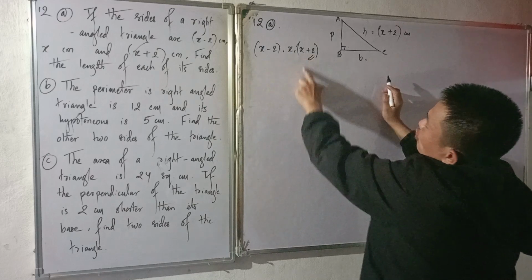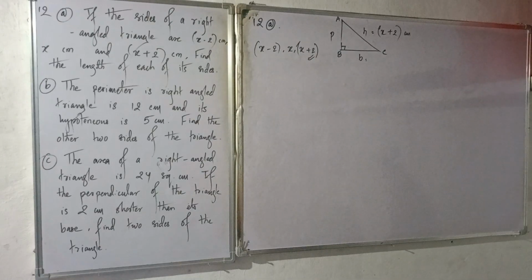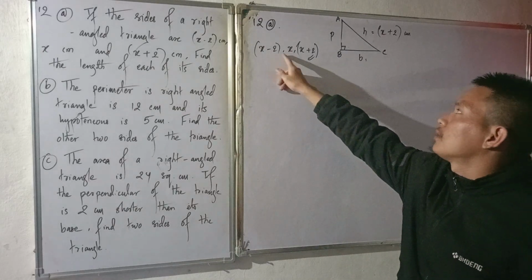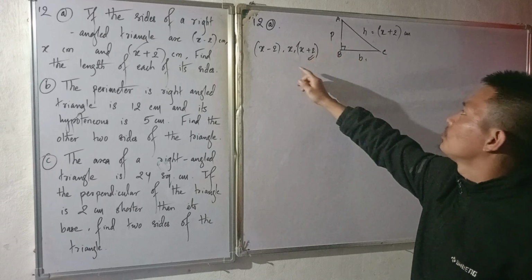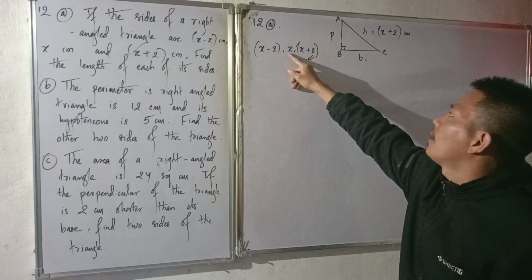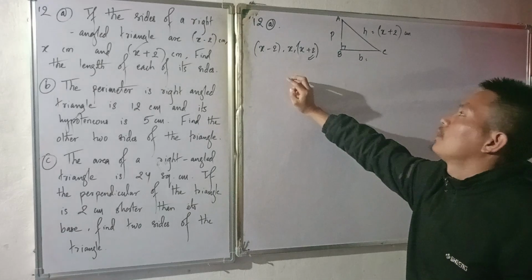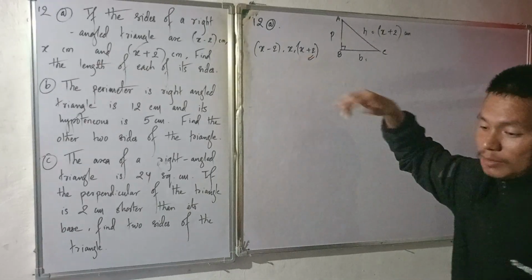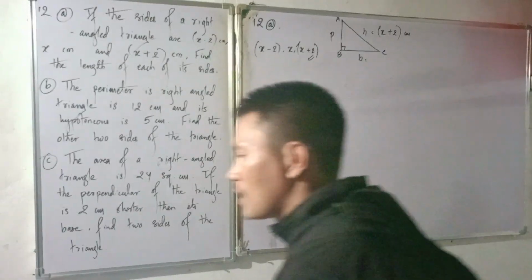After choosing the hypotenuse, you can consider base and perpendicular of these two in either way. It doesn't matter whether you choose this as base or perpendicular, you can do whatever you want, but the hypotenuse must be fixed. It must be the greatest size.